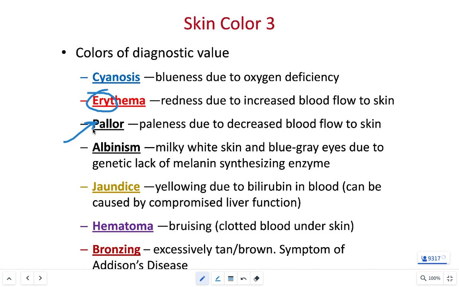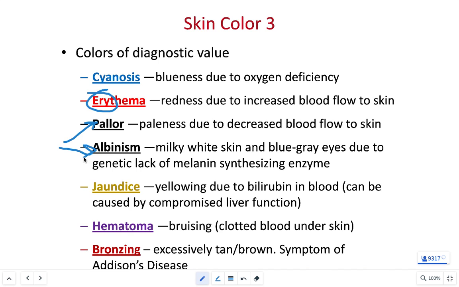When you have pallor, that's going to be an absence of blood near the skin. The skin is going to be very white in appearance due to dramatically decreased blood flow within that tissue. And pallor is differentiated from albinism because pallor is whiteness due to lack of blood flow. Albinism is very white skin due to the lack of melanin.